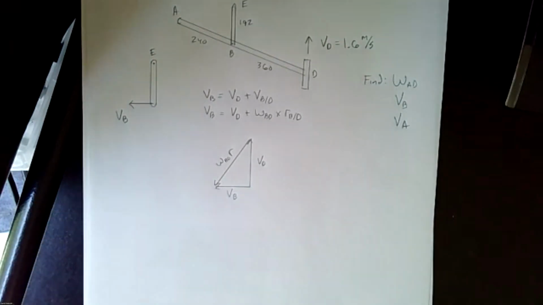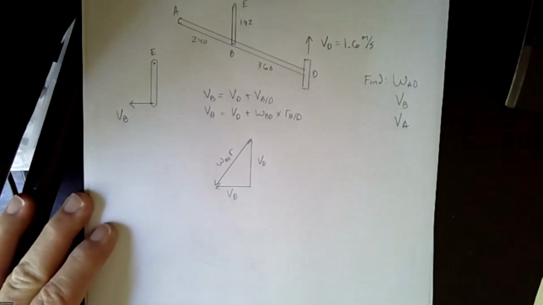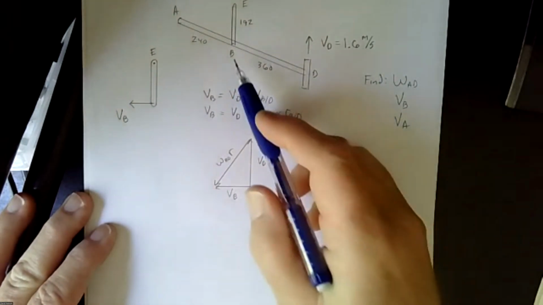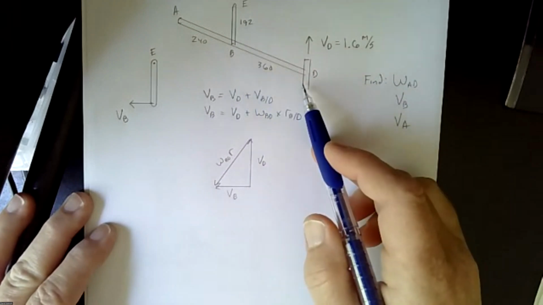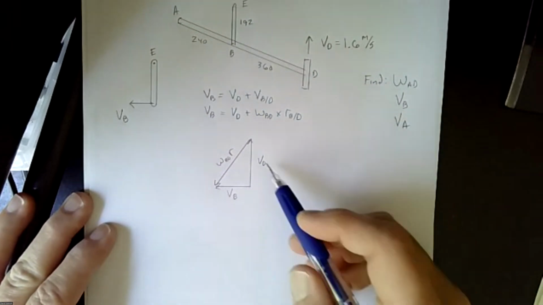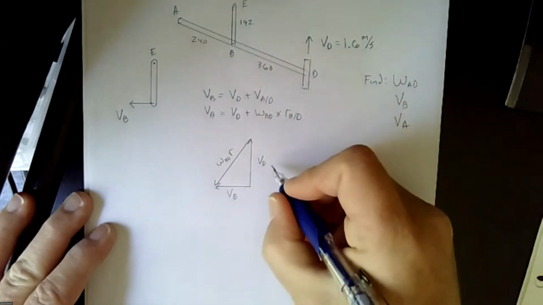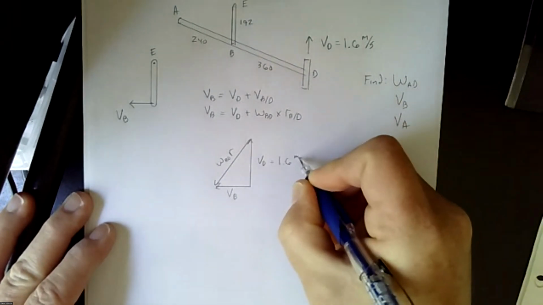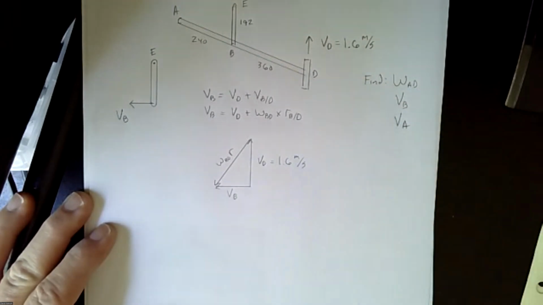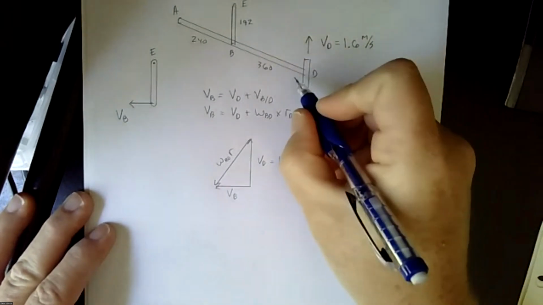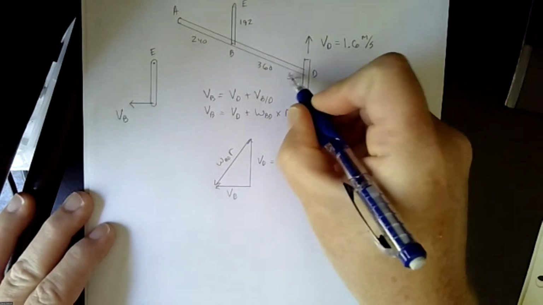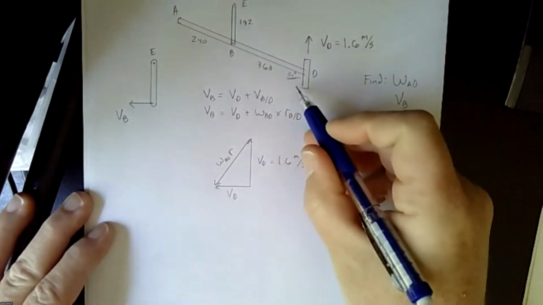So we know the distance, right? We know it's 360, and we know this velocity here. So this velocity here is equal to 1.6 meters per second. And the other thing we know is that this angle here is 30 degrees, okay, from the drawing.